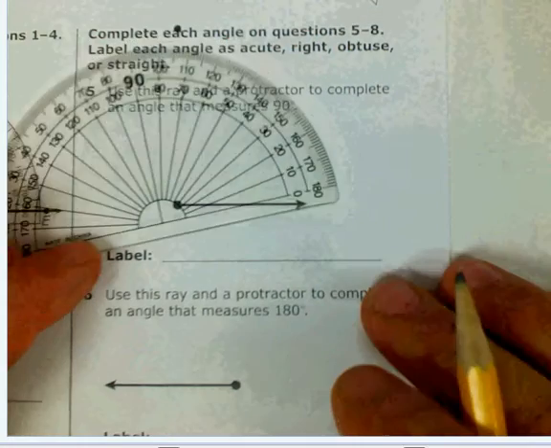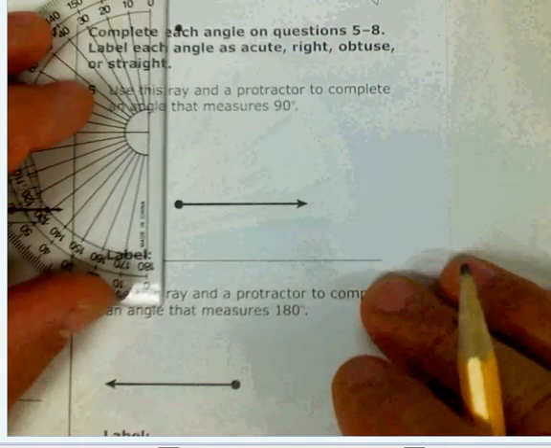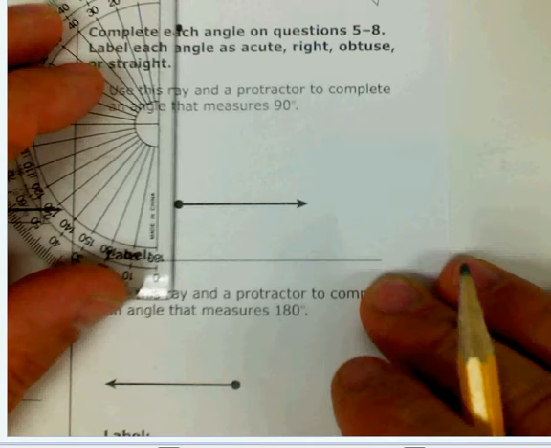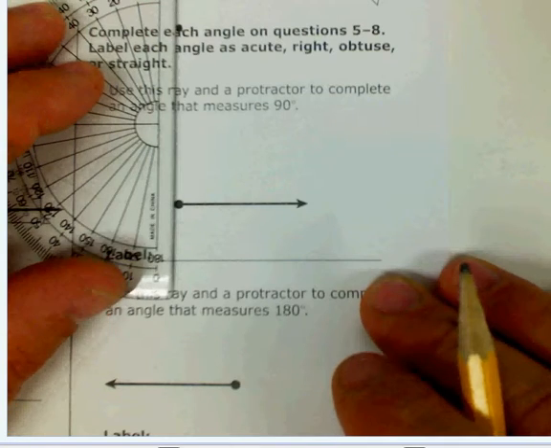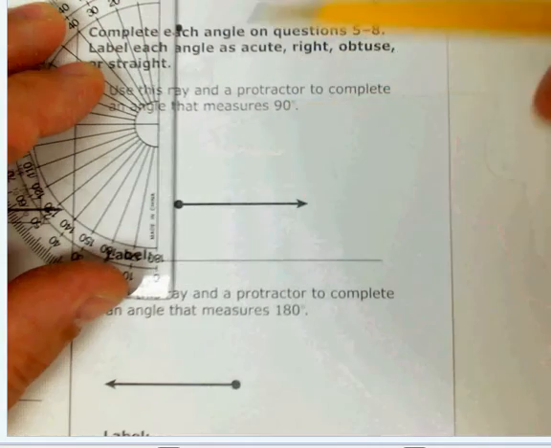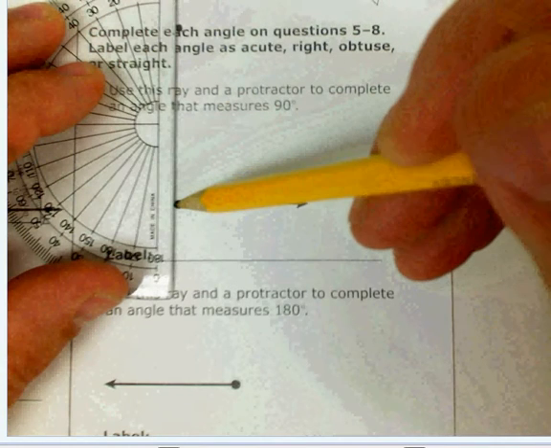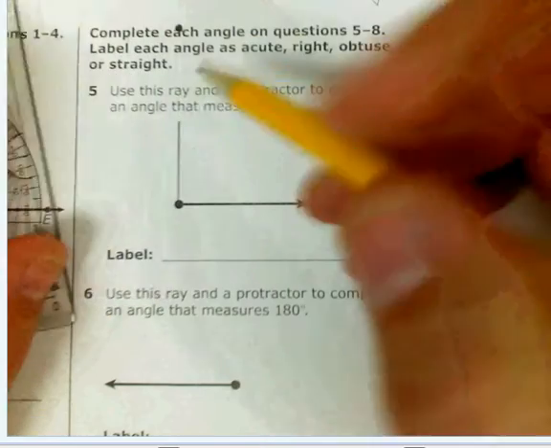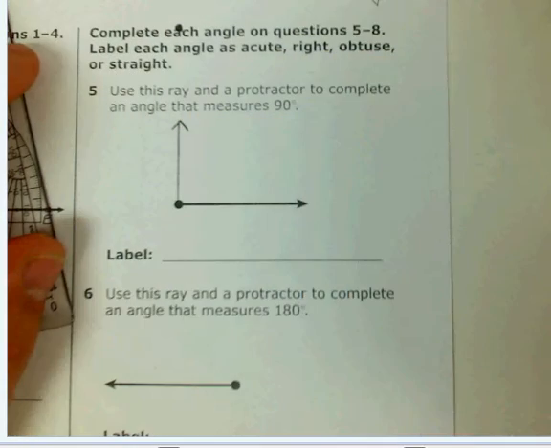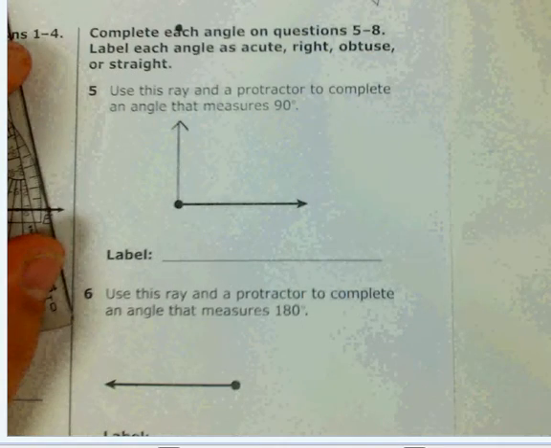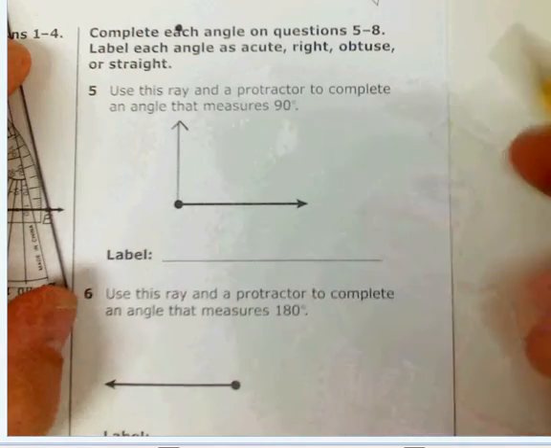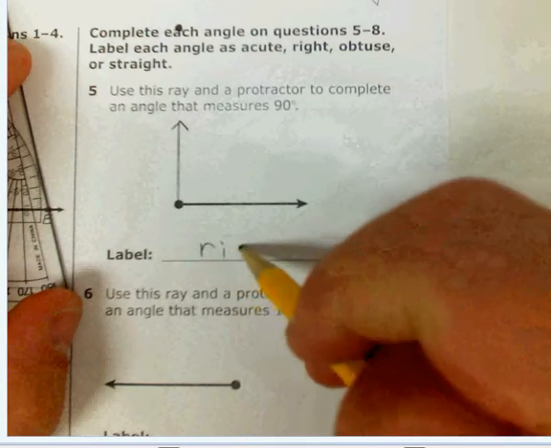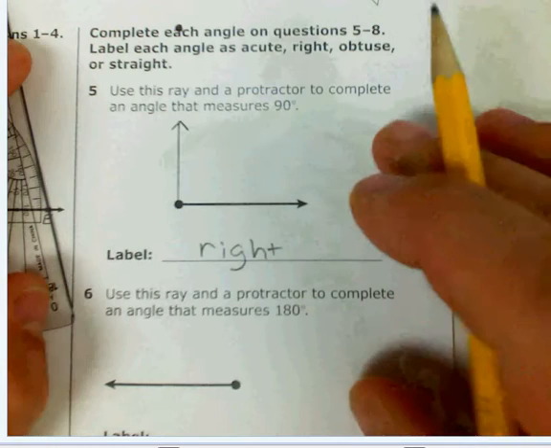And then I'll line up the straight edge of my protractor with that dot. Now I don't have to take it all the way up to the dot. That's the dot up there that I made, but I'll start at my dot right here, the end point of my ray, and take it up. Okay, and that's 90 degrees. And that would be a right angle.